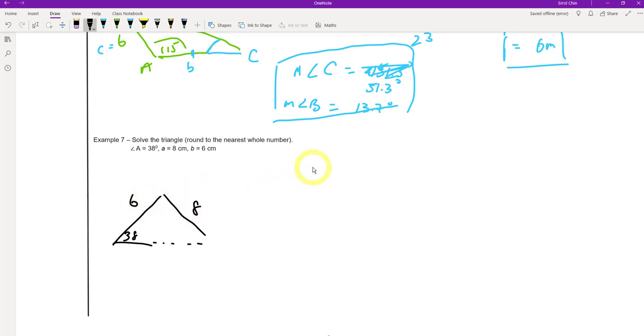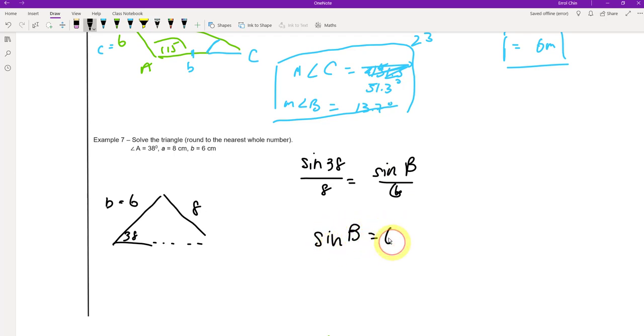And so I'm going to apply the sine law now, right? So I've got sine 38 over 8 is equal to sine of angle B over 6. Just going to cross multiply, and I know that sine B is equal to 6 sine 38 over 8. And then I know that we're supposed to do the second function inverse, but I'm not going to bother showing you that. Measure of angle B is 27 degrees.